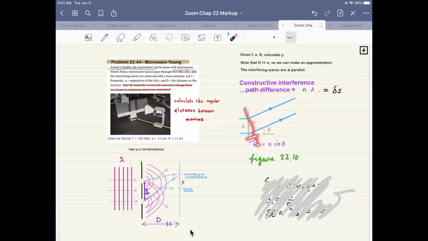Then there'll be an extra distance for the wave through the second slit. That'll be A sine theta by this little triangle here. The hypotenuse is A, the opposite length is this delta s. So delta s is A sine theta. So that's the path difference.